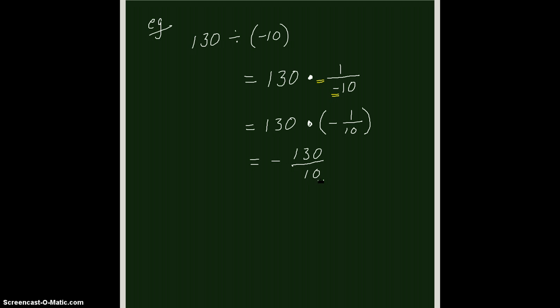I get -130 over 10, or -13. What's nice about this, changing division into multiplication, is the same rules apply with division. Let me write that out. Same sign rules apply with division.